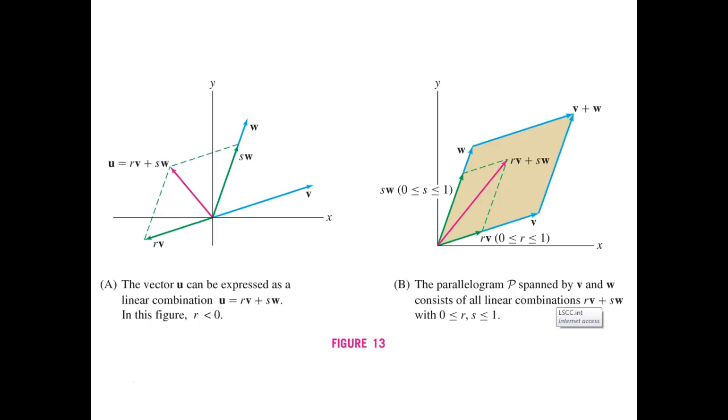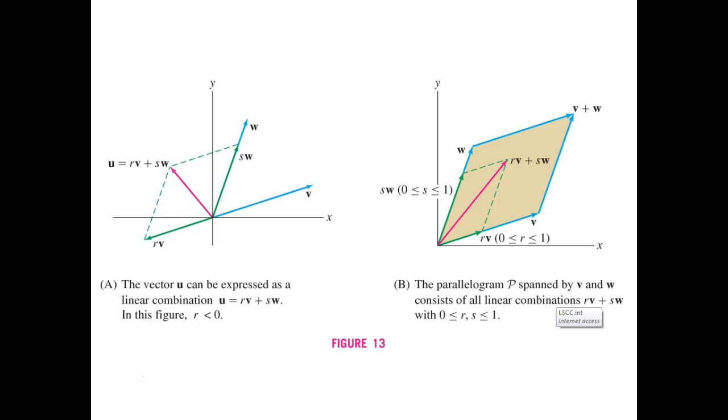And if R and S is anything positive between 0 and 1, then it covers this khaki area in here, okay? And anything in here. And this is what we mean by this parallelogram spans V and W when R and S are between 0 and 1.